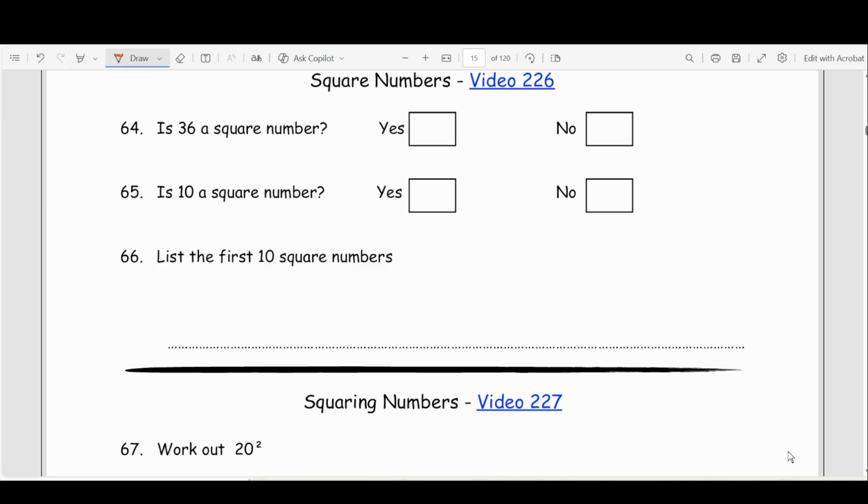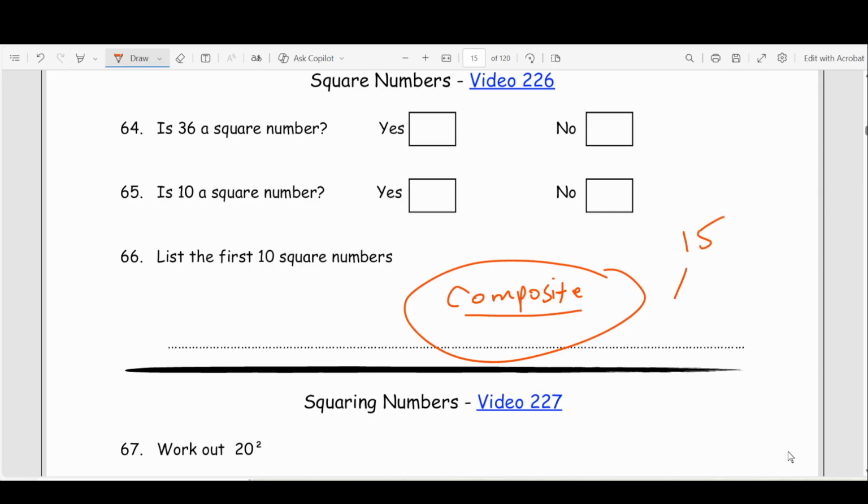Yes, it has only two factors, one and the number itself. And what are composite numbers? Composite numbers have more than two factors. For example, 15, its factors are 1, 5, 3 and 15, right? So it has more than two factors. Numbers which have more than two factors are called composite numbers.